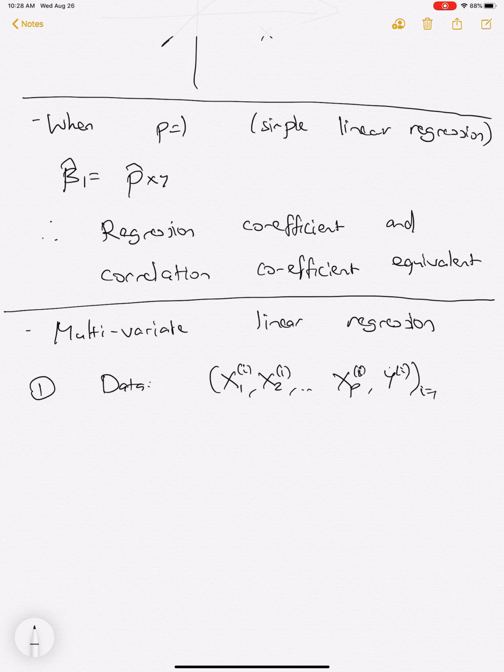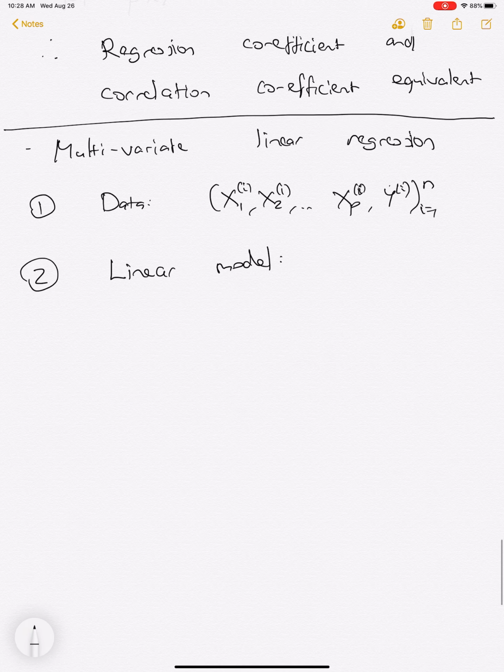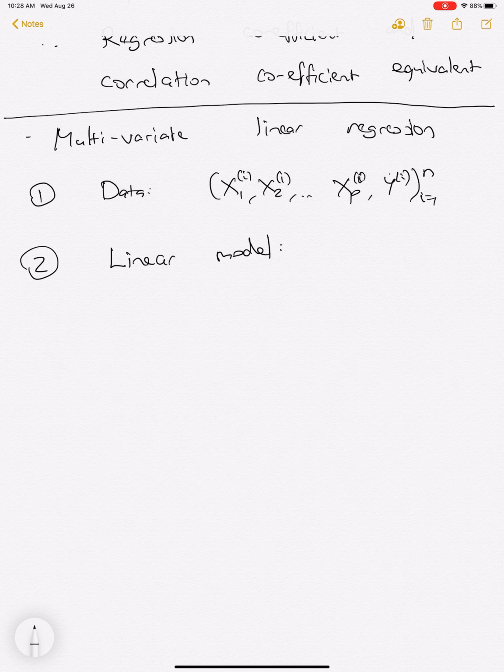And here we have a linear model. Again, we're going to try to follow the bivariate or simple linear regression case as much as we can to begin with.